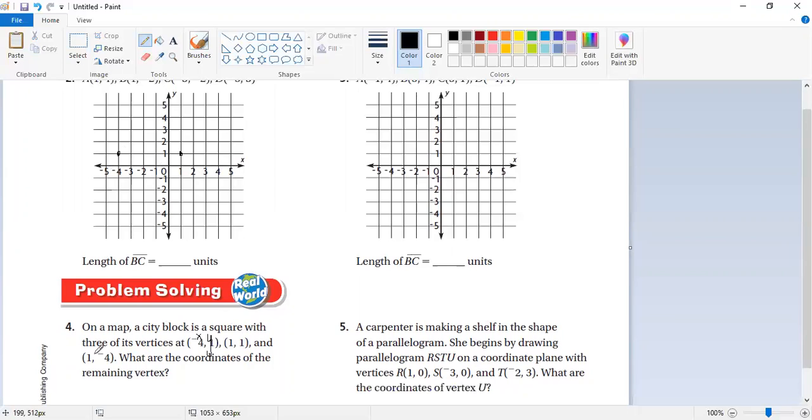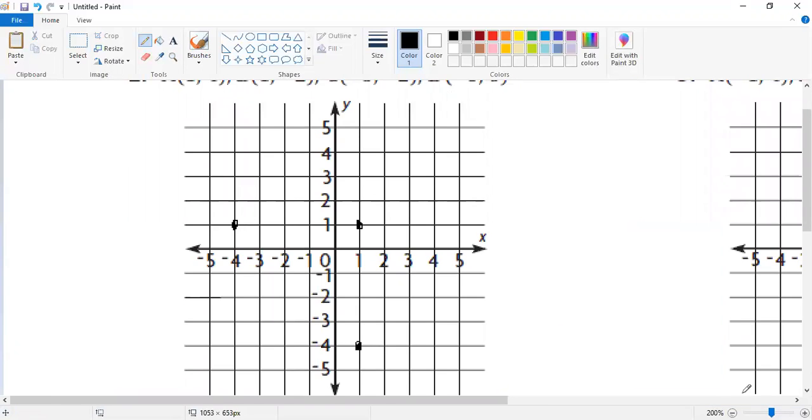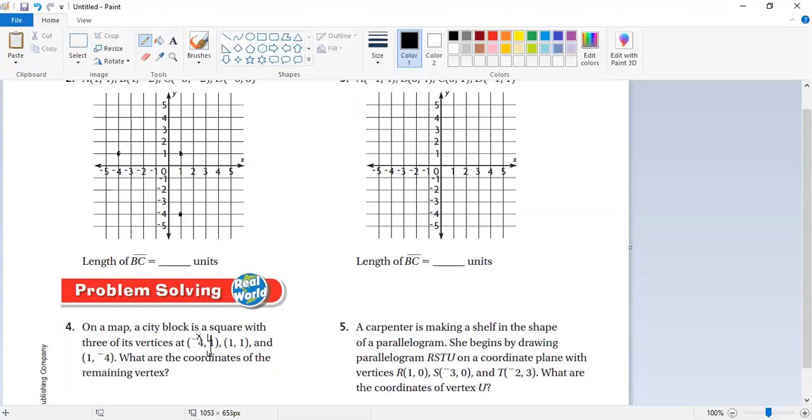Then (1, -4). So 1 is here, -4 is down here. Dot the points exactly at the lines. Now they said it's a square, but if we join these 3, it's a triangle.